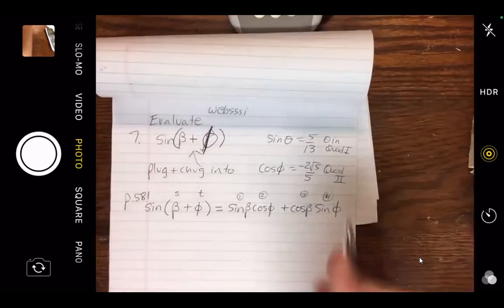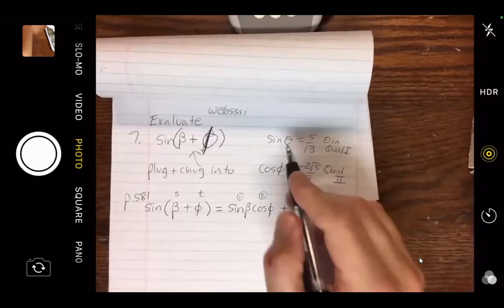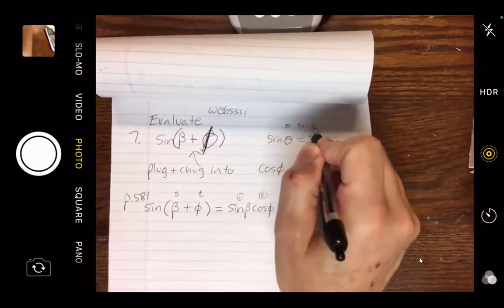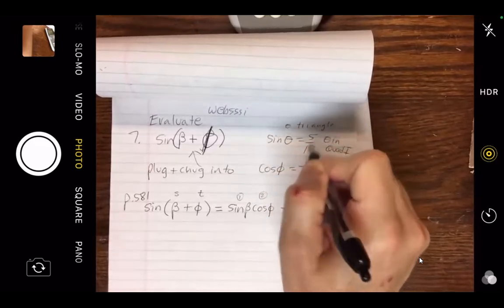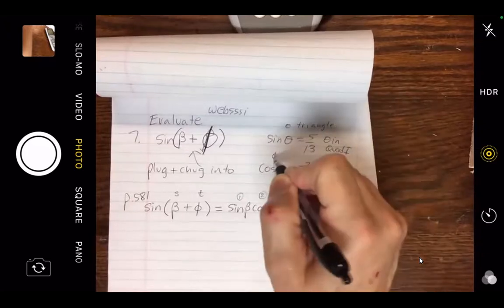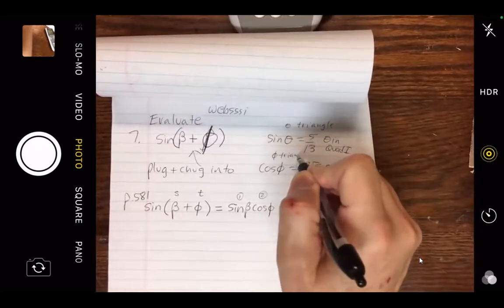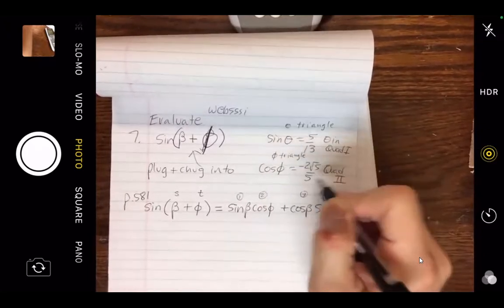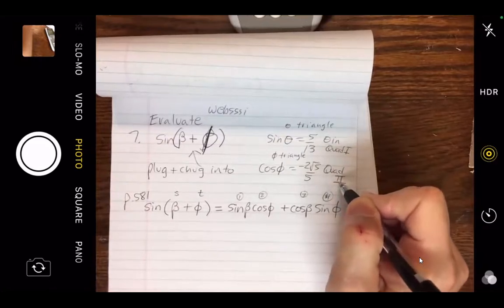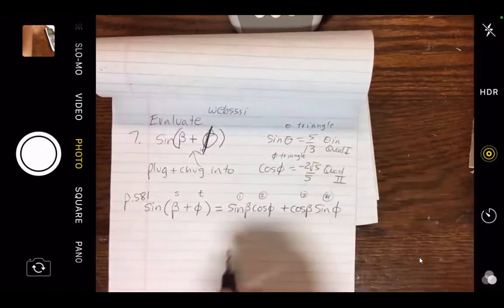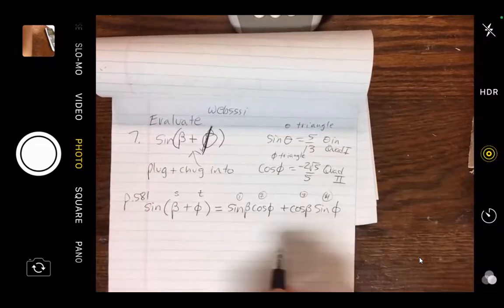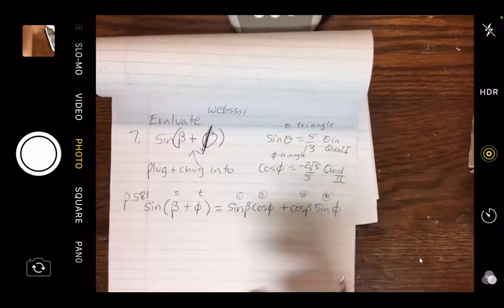So the trick is to draw out triangles. I call it the theta triangle. You'll need a theta triangle labeled with this in quadrant 1, and you'll need a phi triangle labeled with this in quadrant 2. And then the trick is to work around the triangles and see what you need to fill in, write the pieces down, and eventually plug and chug them in.